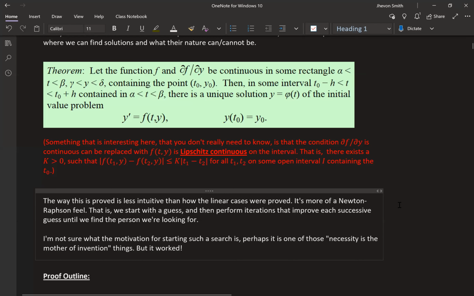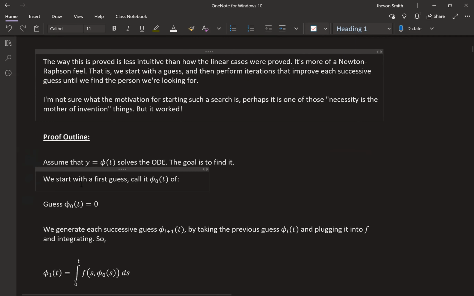It's proven using something called the Picard iteration method, named after a French mathematician by the name of Picard. Essentially, you assume that there is some solution that solves the ODE, and the goal is to find it. You have hope that there is an answer out there. How do we go about finding it? Well, you start with an initial guess, and the initial guess is usually the zero function.